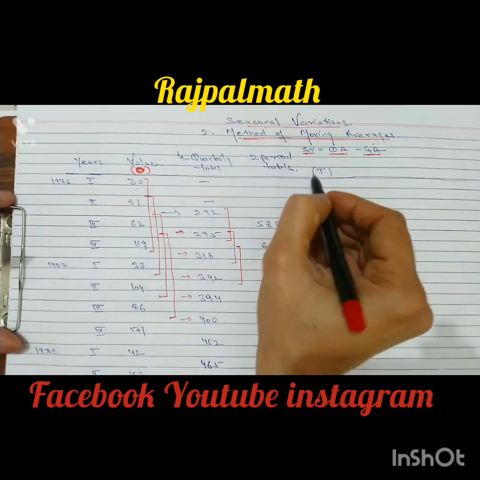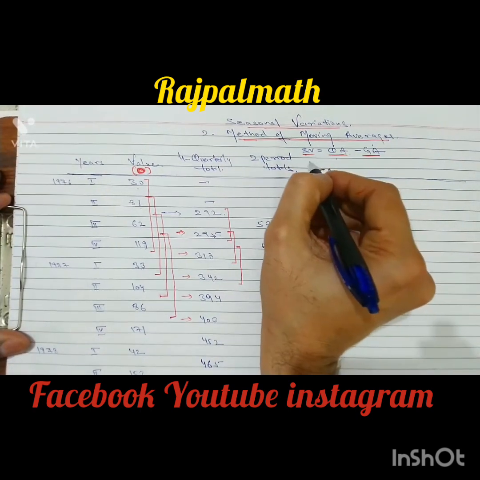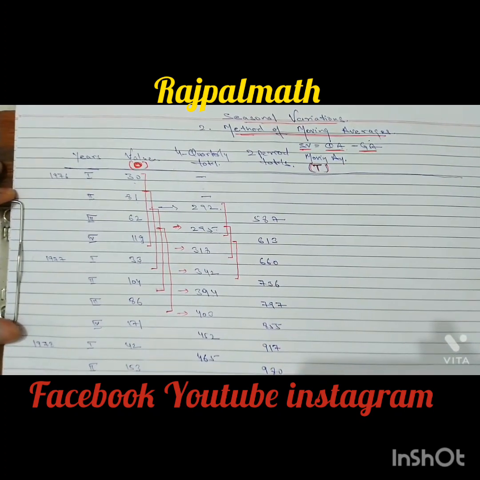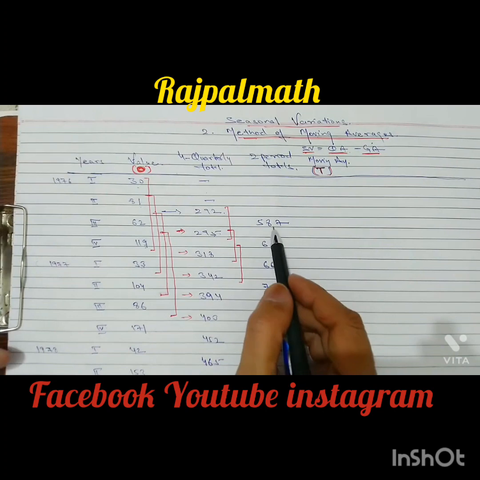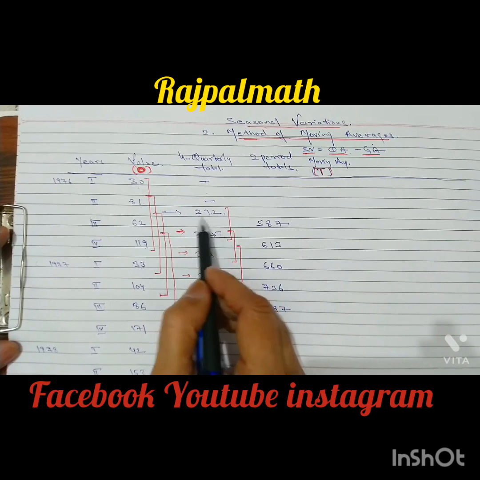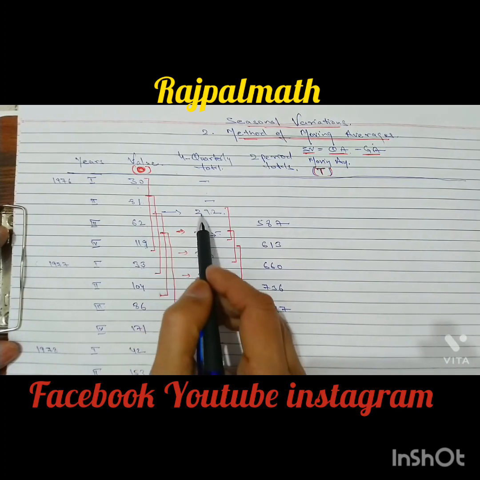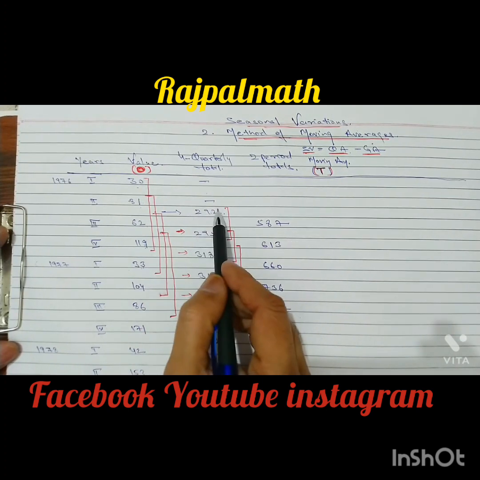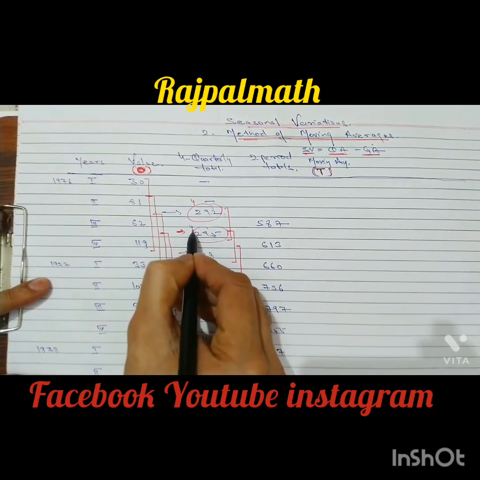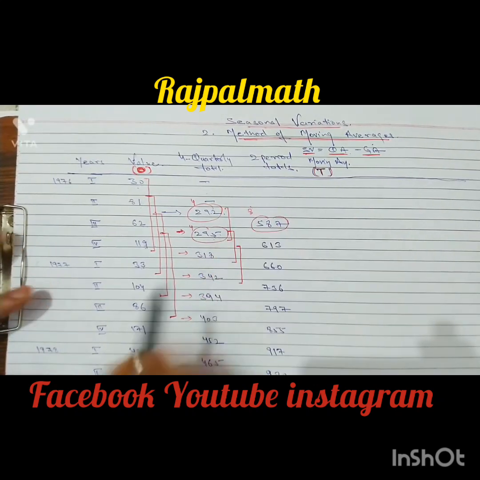T is trend, means average, quarterly moving averages. Now this term is a sum of these two terms, and this term is a sum of first 4 terms, this term is a sum of next 4 terms. 292 is a sum of 4 terms, 295 is a sum of 4 terms, therefore 587 is a sum of 8 terms.